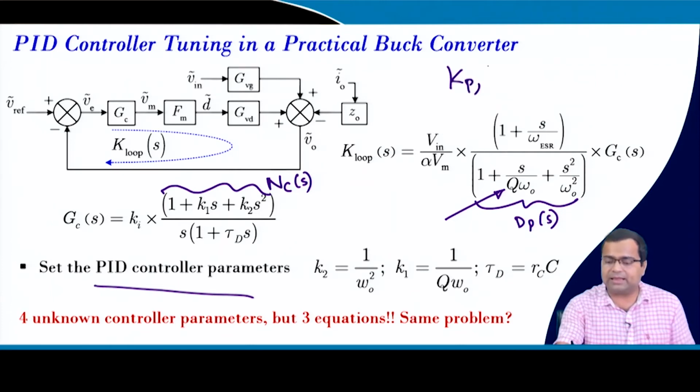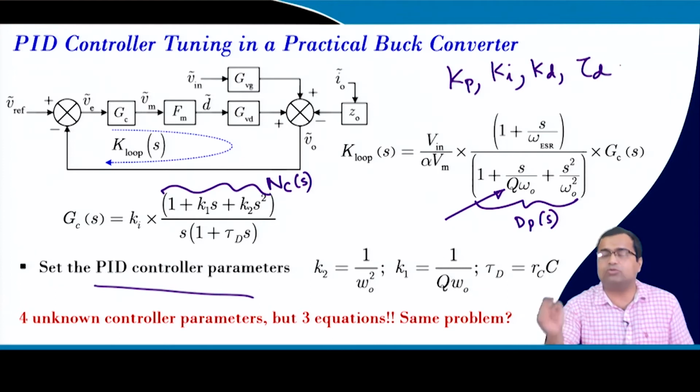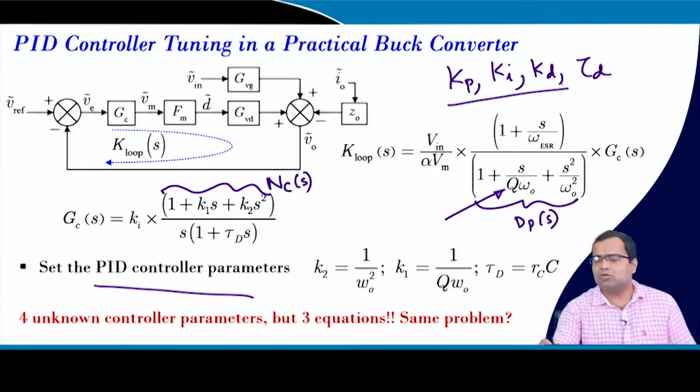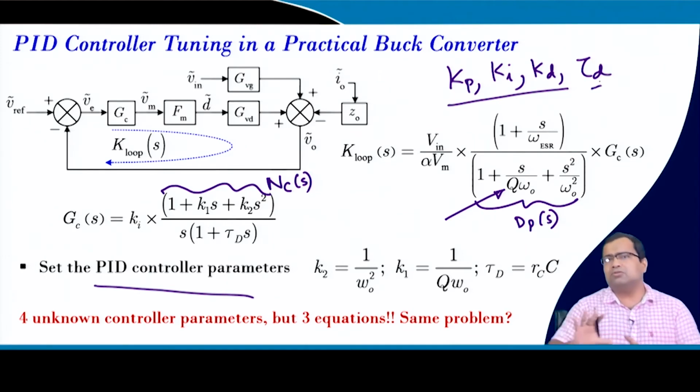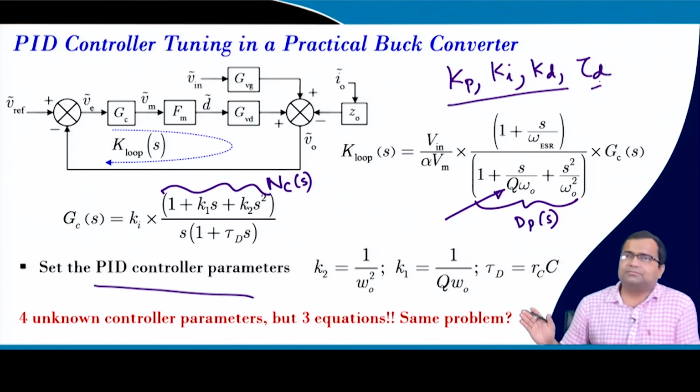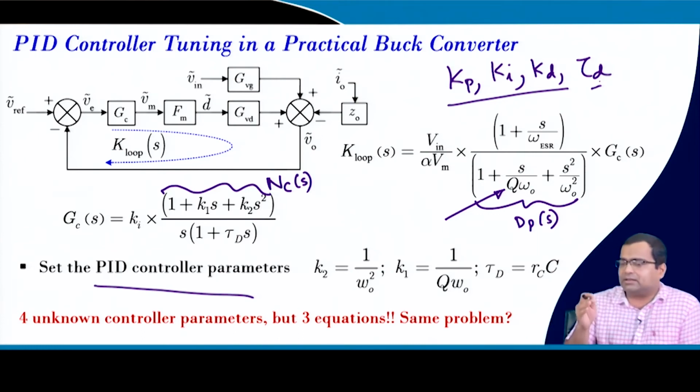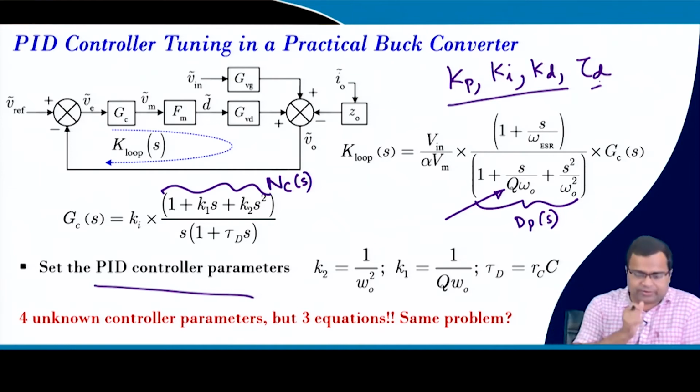We have Kp, Ki, Kd and tau d, because in the first case we have only 3 unknowns for the ideal one, where we kept this very low, which we do not need to find out, because it can be kept much lower, because we have said that the frequency corresponding to this will be much higher than the switching frequency.